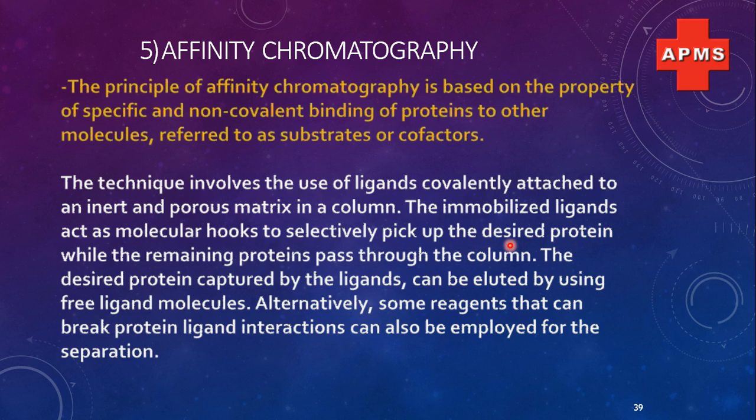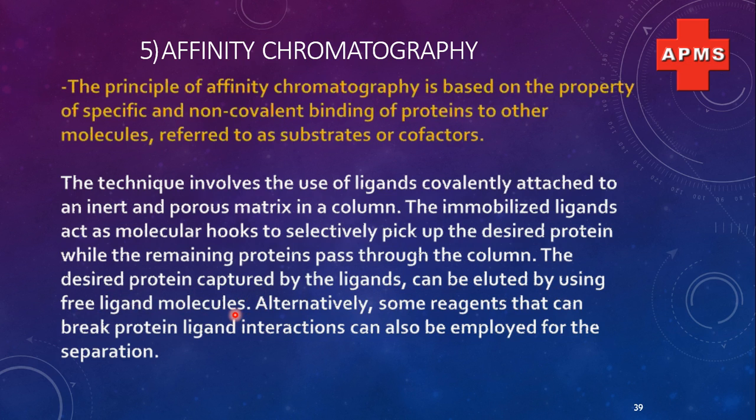So here only a protein with a specific size, shape or geometry will interact with these ligands, while the remaining proteins pass through the column without any resistance. The desired protein captured by the ligands can be eluted by using free ligand molecules.